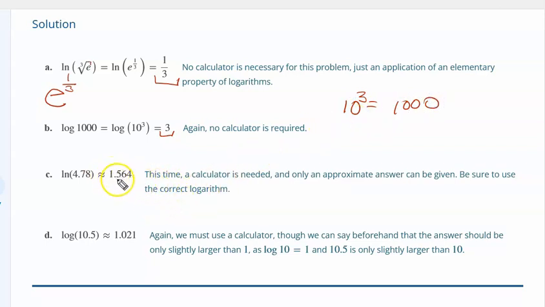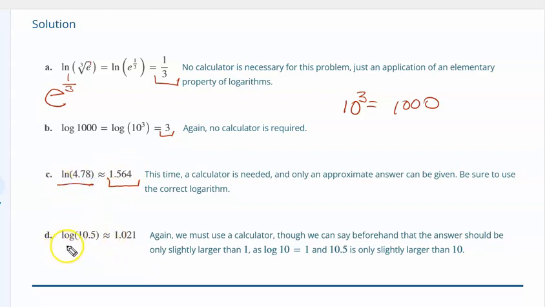Now for this, we're going to need a calculator. You have to put the natural log key in. A parenthesis comes up. You put in 4.78, close parenthesis, and then you round to 3 decimal places. Remember, this is an approximation. And that would be natural logs.